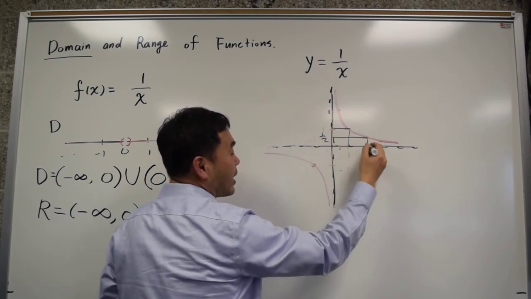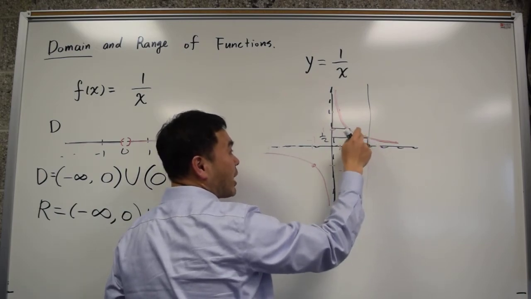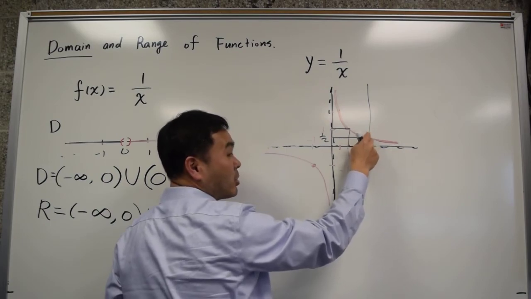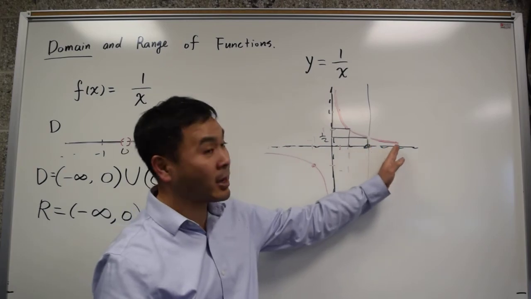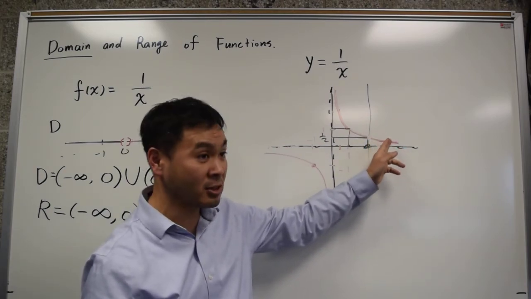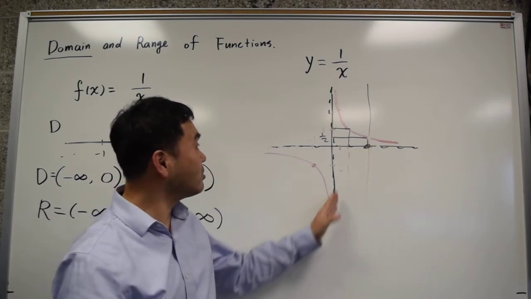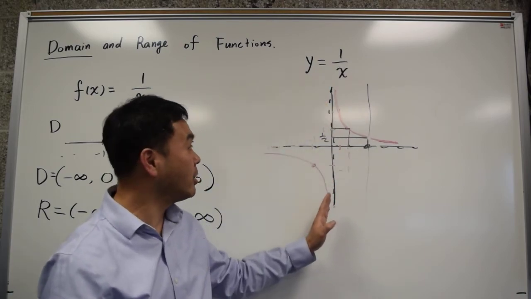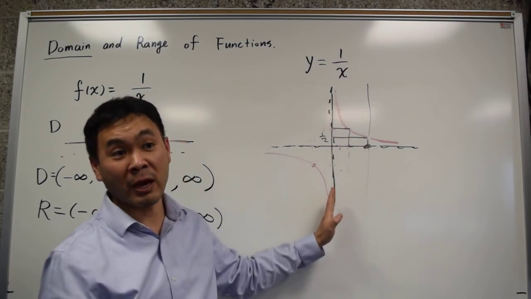So at every point you think about a vertical line where it meets the graph, and the height where it meets the graph, that's the y coordinate, that's the y value, that's the output. So for any value of x, you can always draw a vertical line and see that the vertical line does cross the graph. In that case, it's an input. Whereas this vertical line here, if you draw the vertical line right above 0, it does not meet the graph, therefore that's not in the domain. Okay?